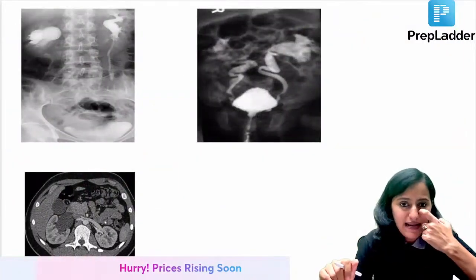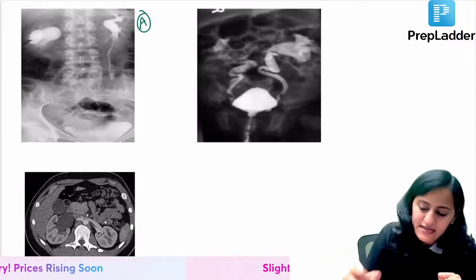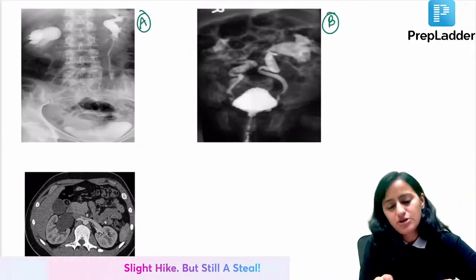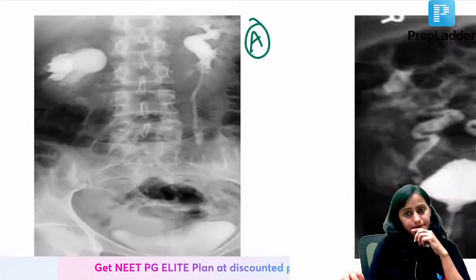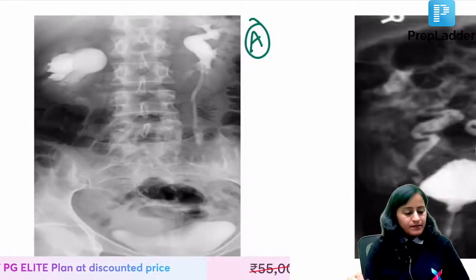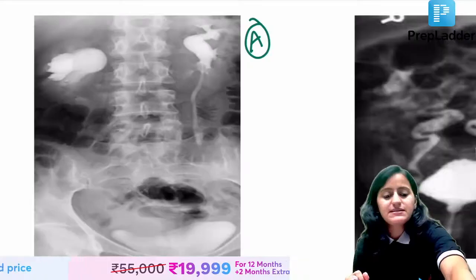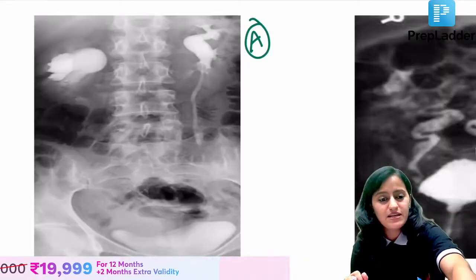Going to the next one, again very frequently asked questions and images in your exam. First of all, tell me what investigation is this one here? What is this investigation that you are seeing here in the image A?